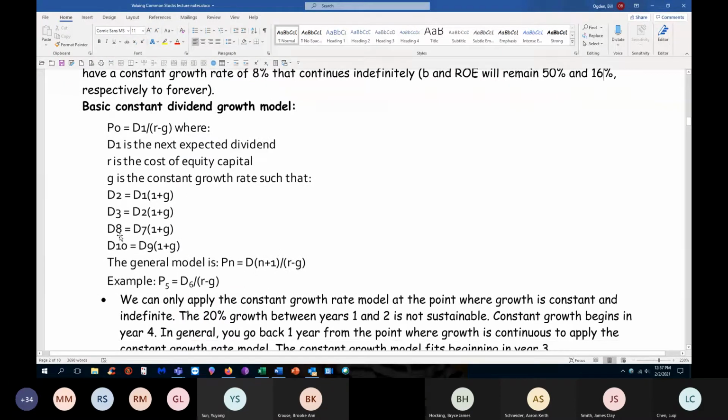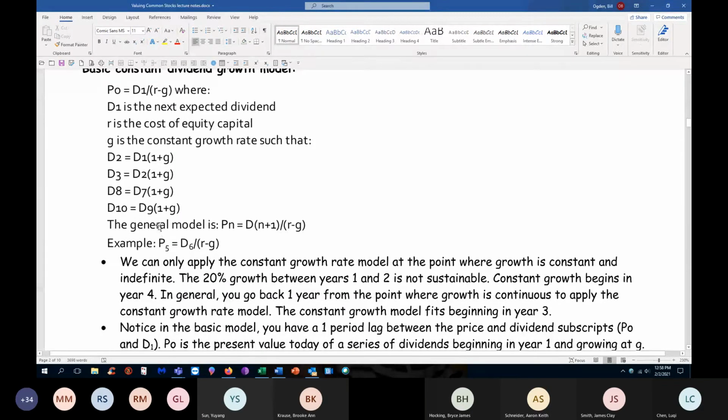Okay. Well, also there's a more general form of the basic model, not just the dividends. The price in a given period is equal to the next dividend from that period divided by the quantity R minus G. So for example, according to the constant dividend growth model, the price in year 5 would be dividend 6 divided by R minus G. Okay.